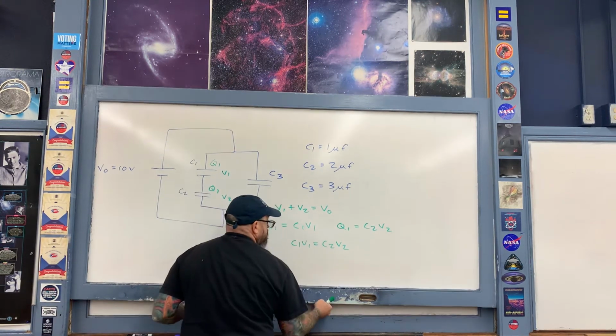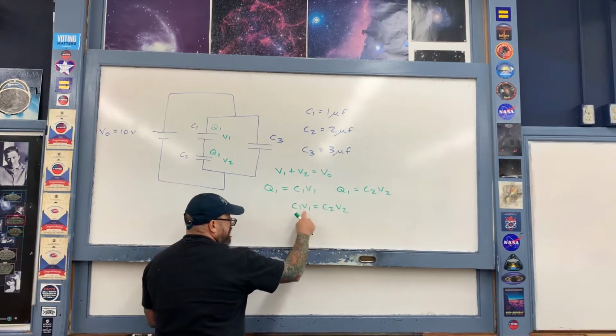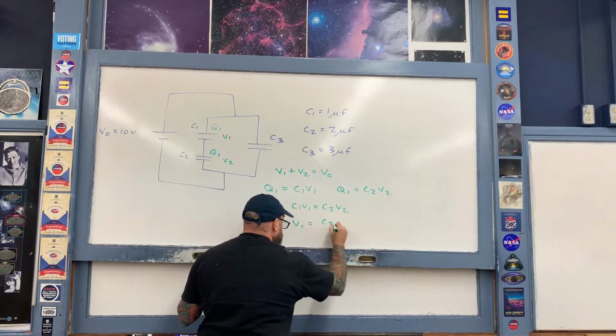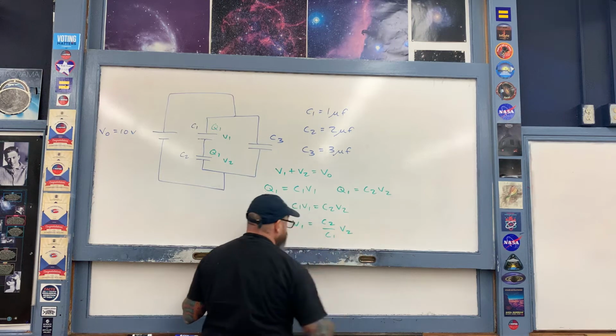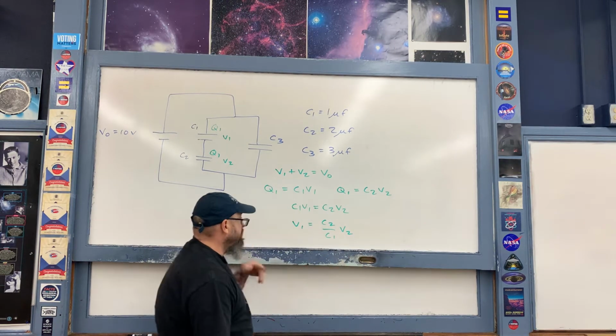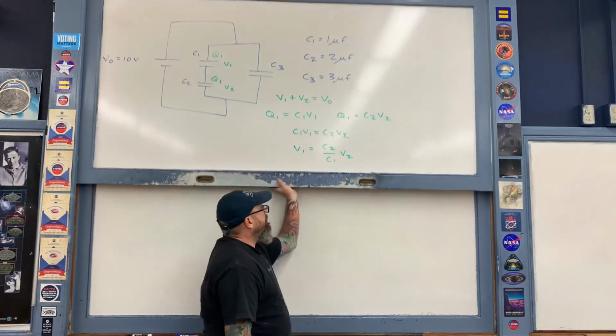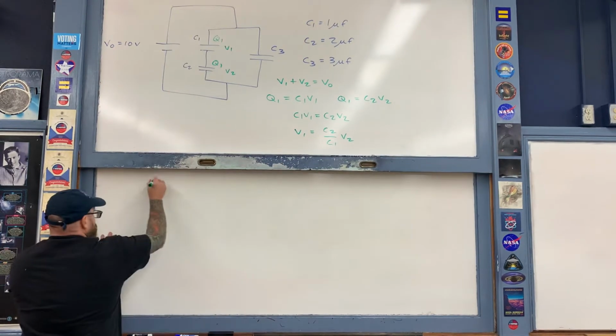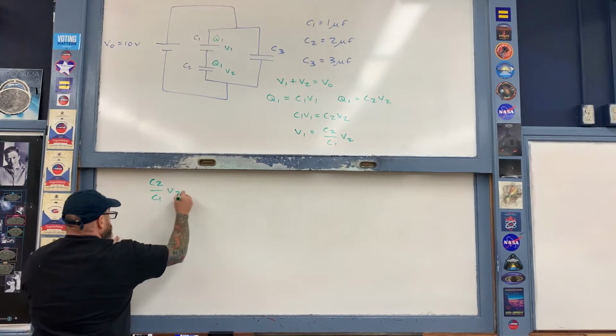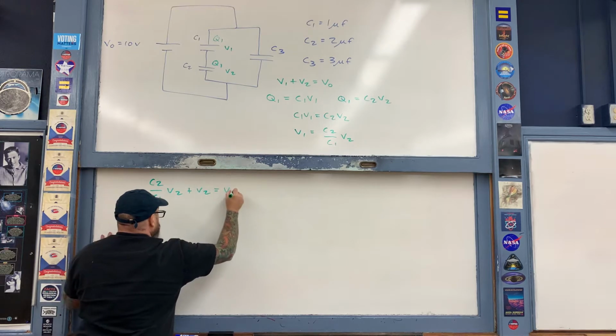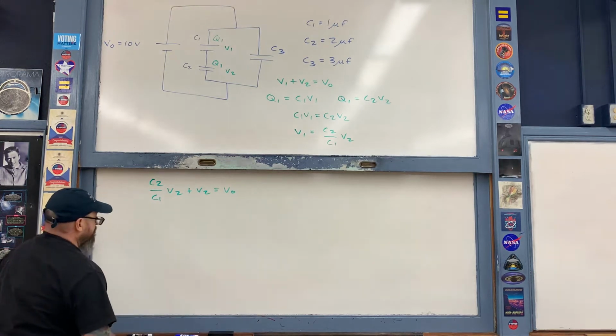All right, let's do the math here and solve for V1 and V2. I'll take this expression here and solve it for V1. So it's C2 over C1 times V2. Then we'll plug that expression into here. So V1 is C2 over C1 times V2, plus V2 is equal to V0. Now let's solve for V2.